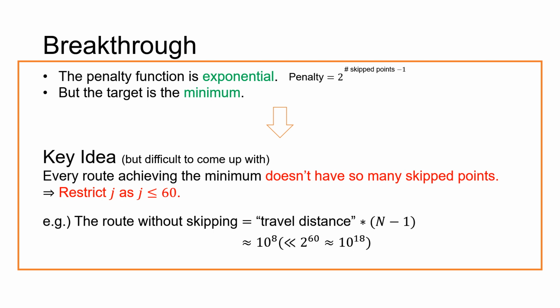We don't need to think about routes from 1 to n whose cost is larger than that of the route without skipping points. But here, 2 to the 60th is about 10 to the 18th, so it's large enough to exceed the border cost.